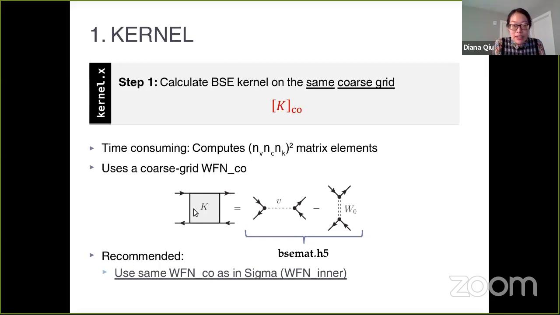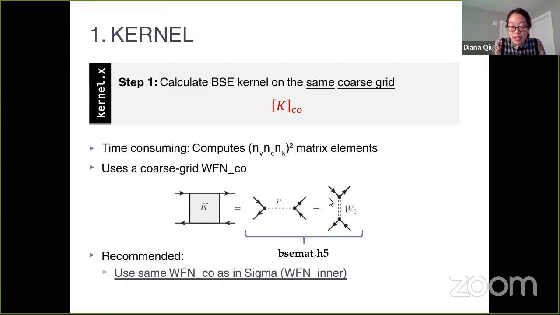It's going to be calculating these two interactions here: the exchange interaction involving the bare Coulomb interaction, and the direct interaction involving the screened Coulomb interaction. Both of these are stored as separate matrices within this output file, bsemat.h5.